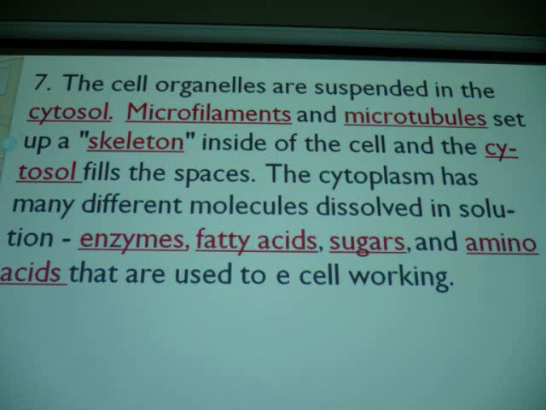Anything not on there? Enzymes are made of what? Proteins. Fatty acids go with fats. Sugars go with carbohydrates. Amino acids go with proteins also. Everything's on there. Everything he needs is dissolved in his cytoplasm.